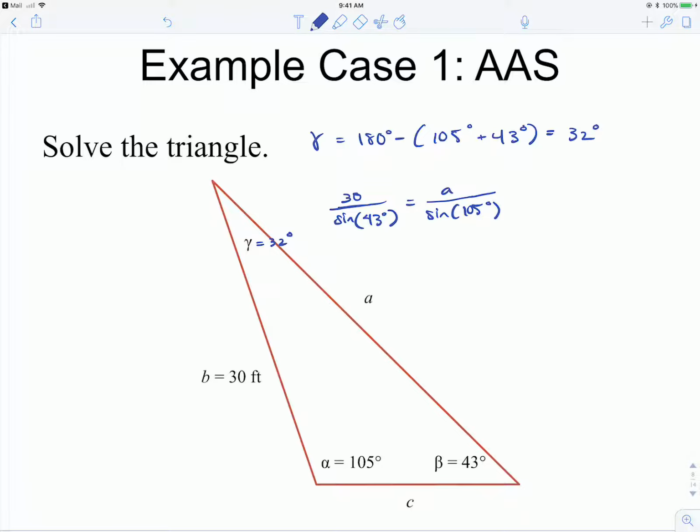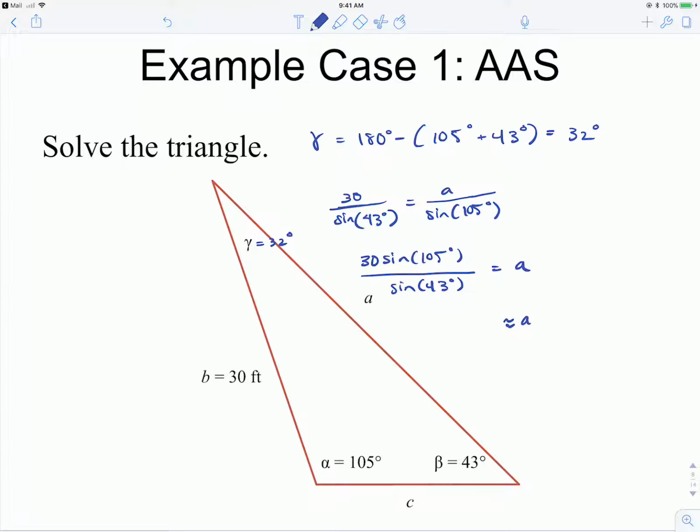So now to finish solving for a, we can multiply by sine of 105 degrees on each side. Okay, then we can pop into our calculator to get our approximation. Remember, we're rounding to 4 decimal places. Make sure that your calculator is in degrees.